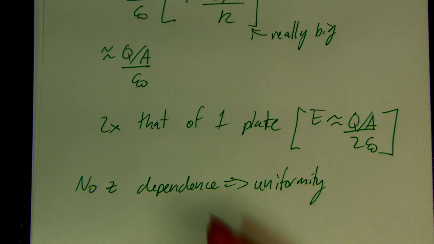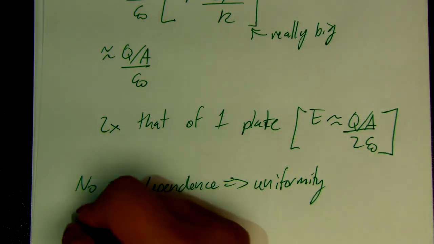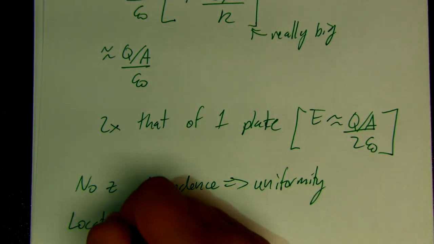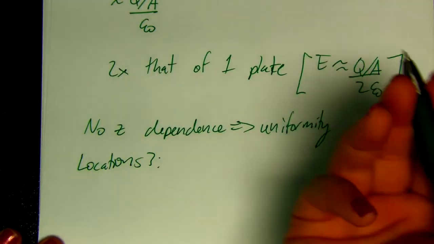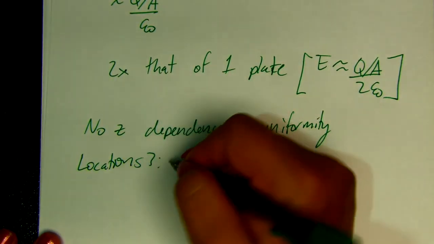So now let's look at locations 3 and 1. For both of these, E points to the right.